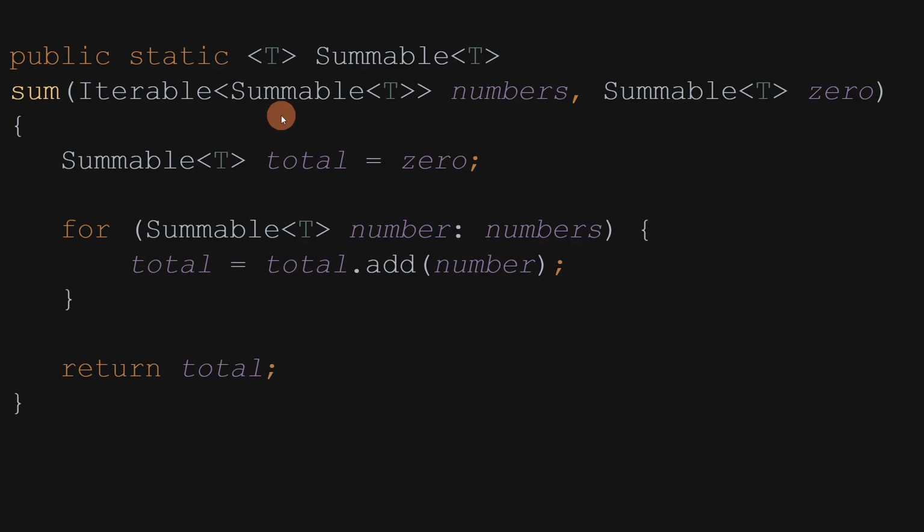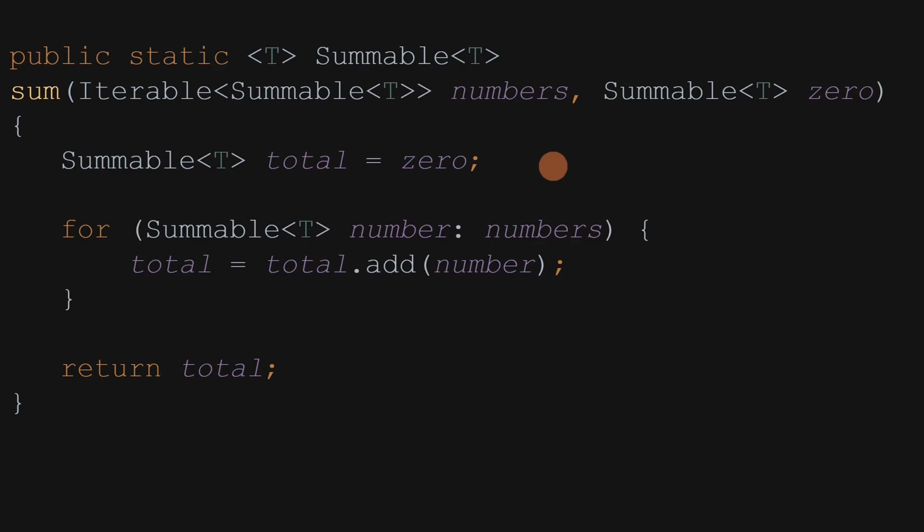So let's change our code to use an interval of Summable of T, where T can be anything that you expect to represent a number, but can truly be anything. The first thing you see here is that I actually have to pass the zero. So the zero method definition I did back then is kind of useless.